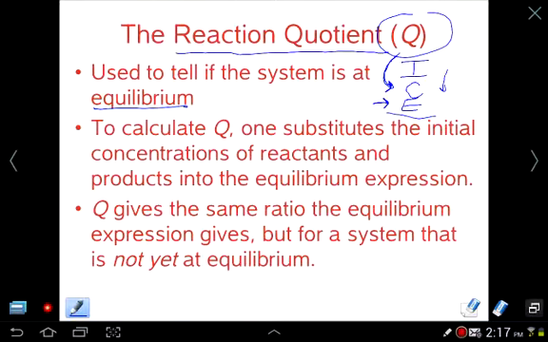The way we'll calculate it is pretty simple. We'll substitute the initial concentrations into the equilibrium expression. Remember, the equilibrium expression is K, and K is at equilibrium already, so Q is defined in exactly the same way, except for a system that's not yet at equilibrium, and it's used to check if we are at equilibrium.